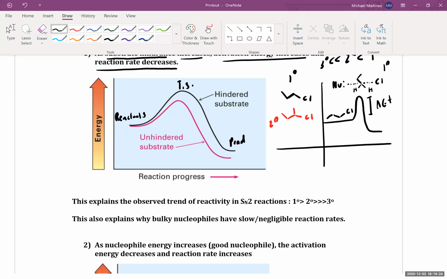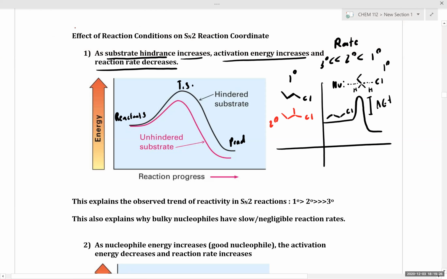Now, if we compare that to our secondary substrate, what is the main difference when we look at the transition state for our secondary substrate?